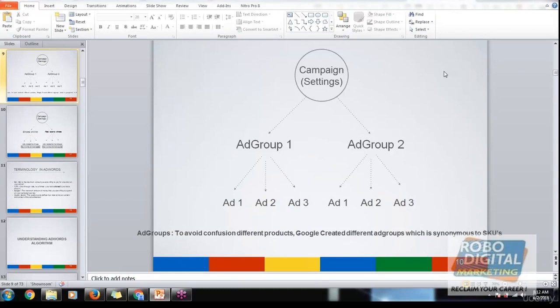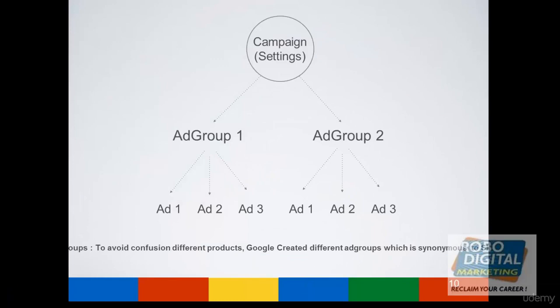For understanding that, we have one tool that we are going to come to later on. Before making the ads, you have to understand that you make a campaign, then an ad group, then ads, and in the ad group you have ads as well as keywords. Keywords are the words which are used to search your ads.